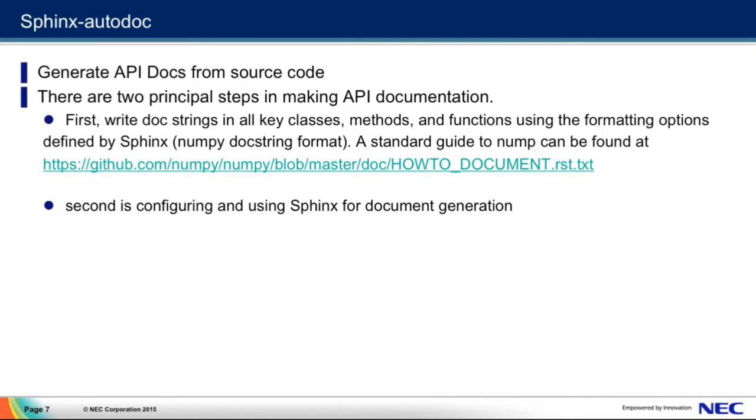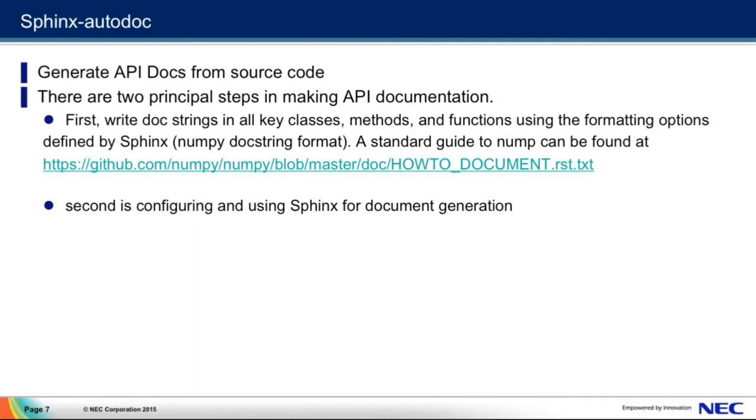Now we are talking about Sphinx Autodoc. It is used to generate API documents from source code. Mainly two things are required to generate API documentation. One is you must maintain the docstring for every principal class, method and function, and there you have to follow some annotations and guidelines.